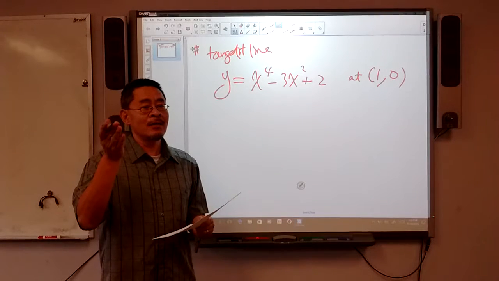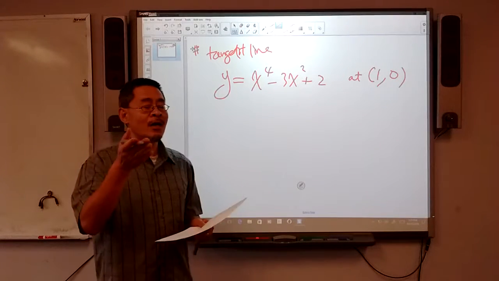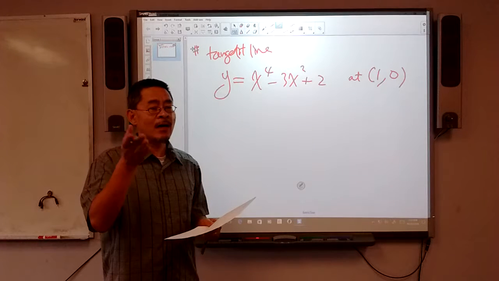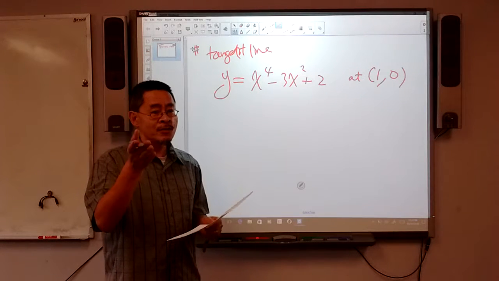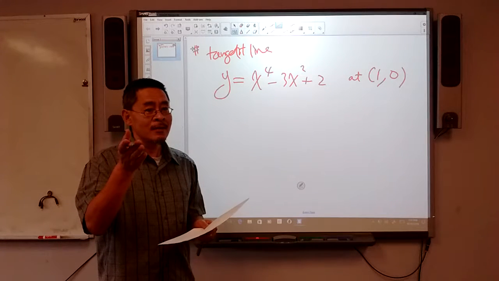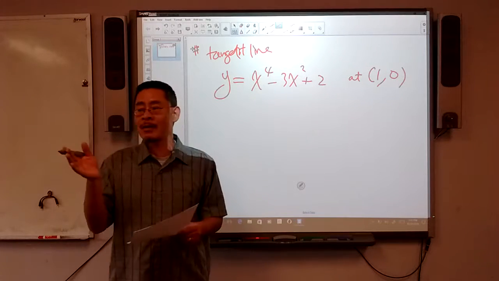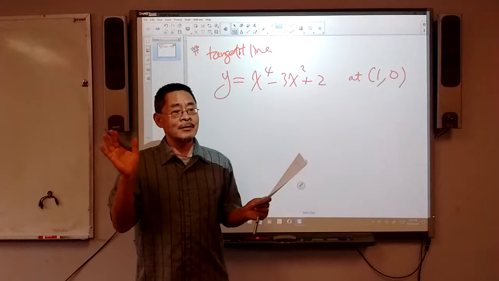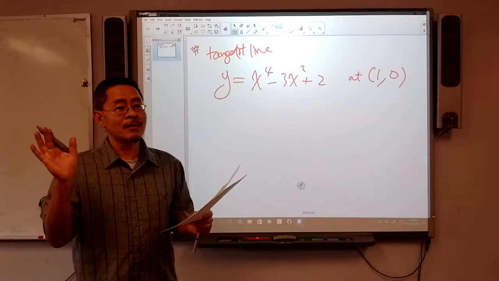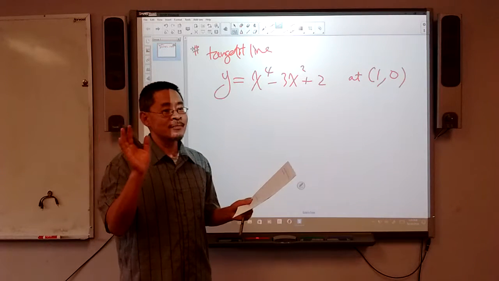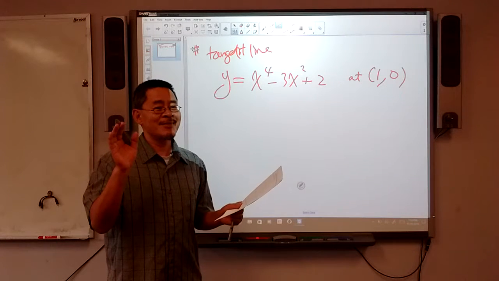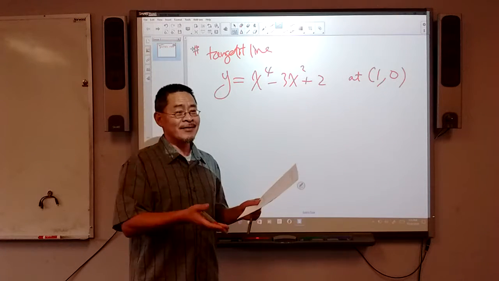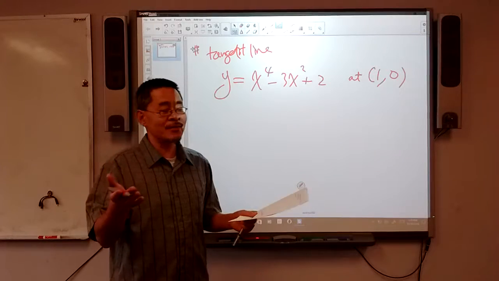Basically, they are asking us what is the function of the tangent line, right? So what kind of function are we talking about? It's a line, so the function is a linear function.